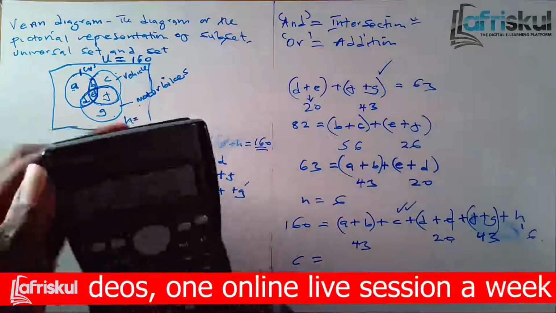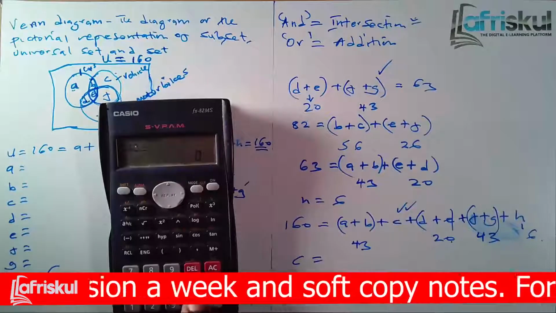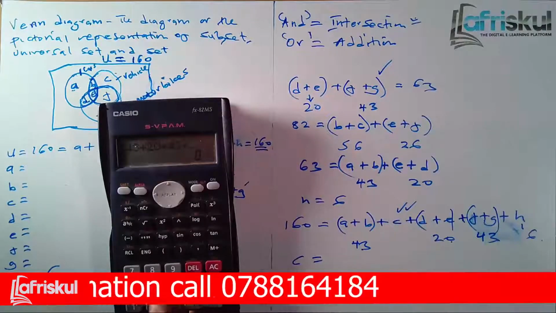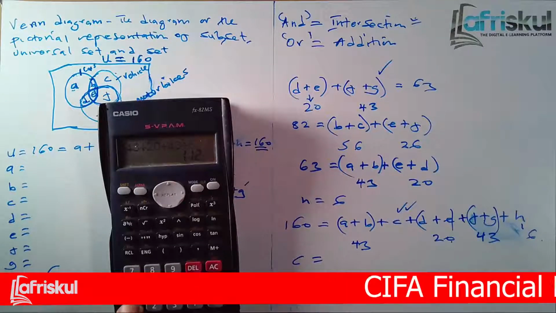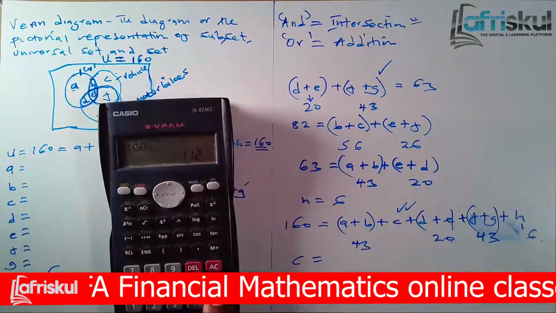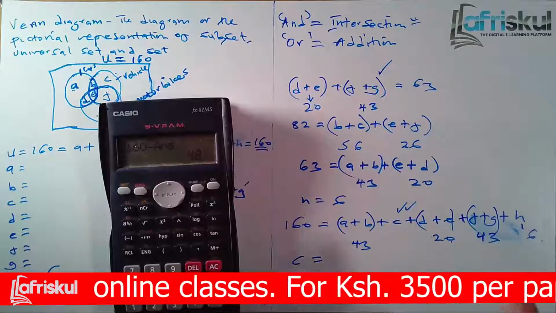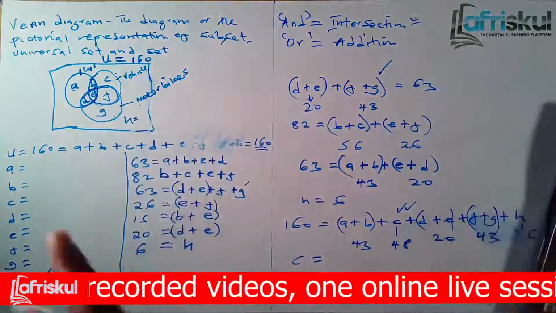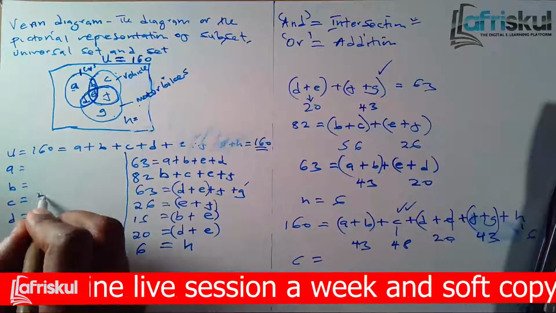When you add 43 plus 20 plus 43 plus 6 and subtract from our total 160, the answer will give you C, which is 48. Therefore, you name your C as 48.